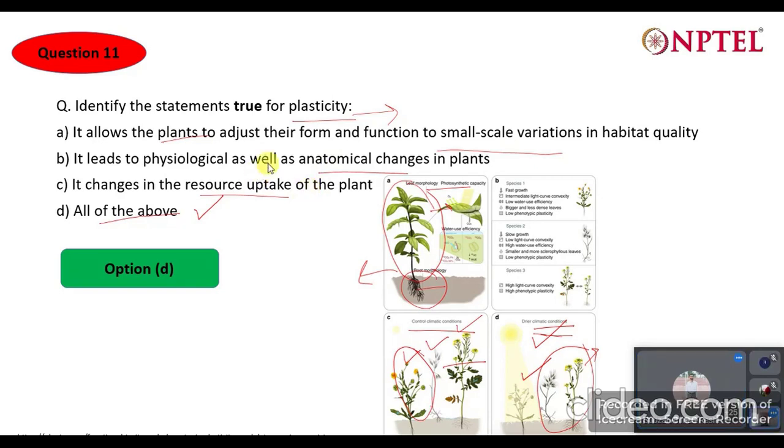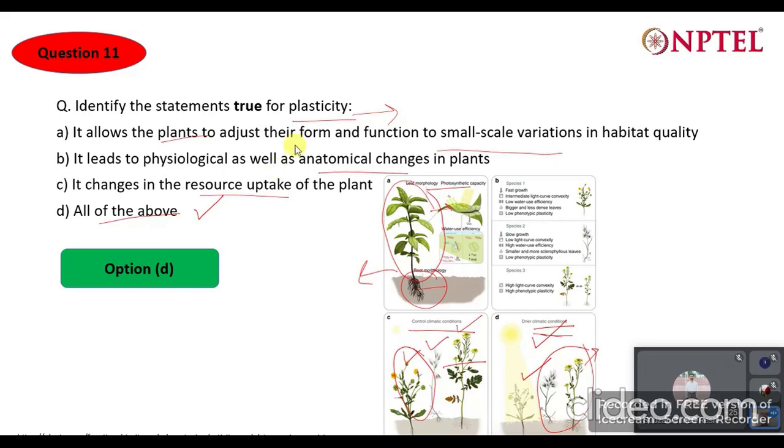You are correct. But if we see the physiological as well as the anatomical changes in the plant, they are also phenotypic characteristics, right? As well as the resource uptake of the plant. If we talk about how the plant will adjust itself to small scale variations, it will do so by having metabolic changes, physiological changes, or changes in the resource uptake from the environment, right?